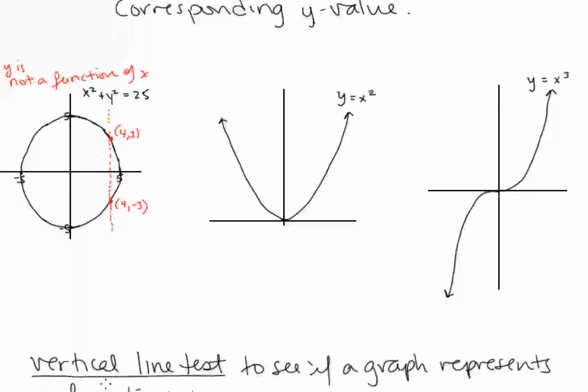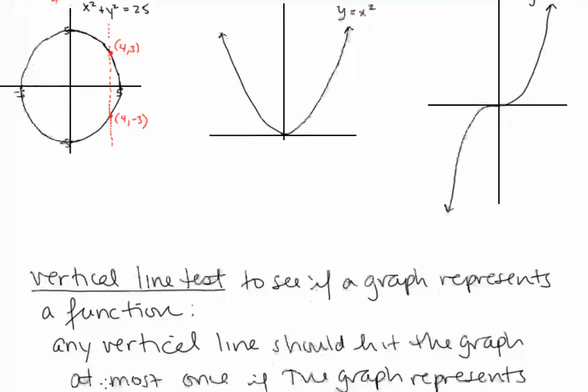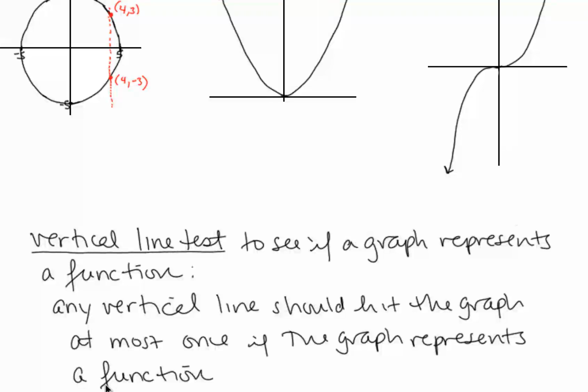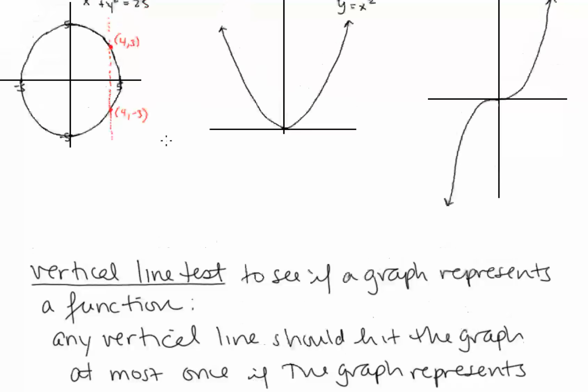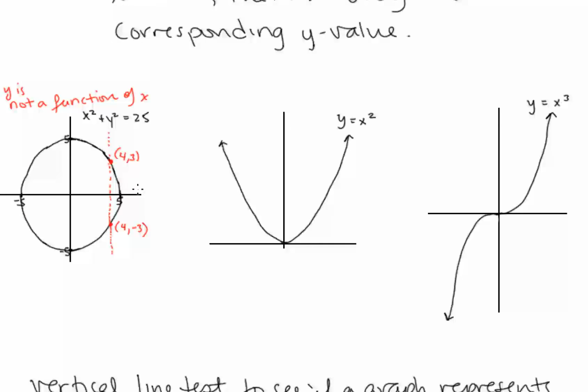The vertical line test says any vertical line should hit the graph at most once if the graph represents a function. So any vertical line that we pass could only hit the graph at most once if it's the graph of a function. So here the graph fails the vertical line test.